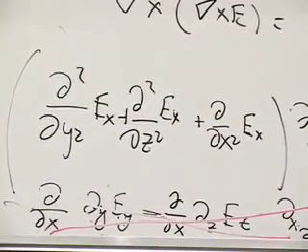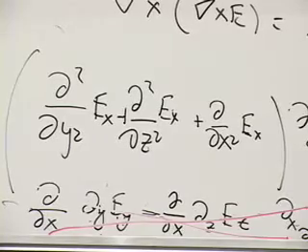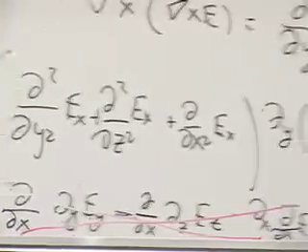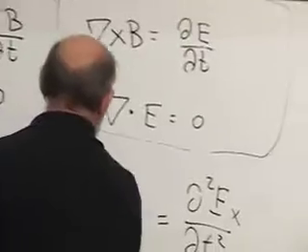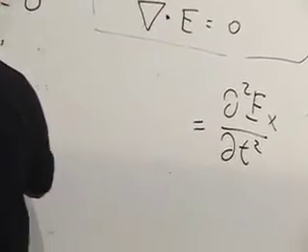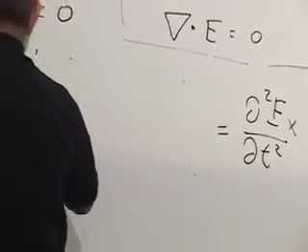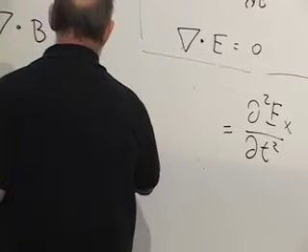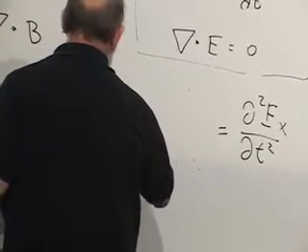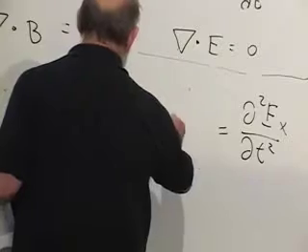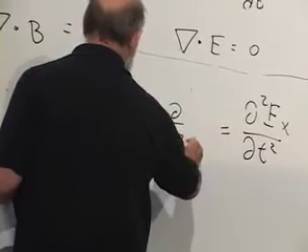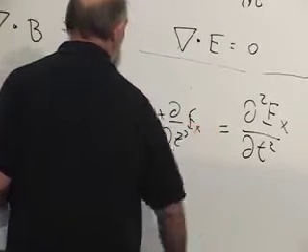Let's erase it, and let's replace it by what we computed. And you'll see a pattern. It is d by dx squared Ex plus d by dy squared Ex plus d by dz squared Ex.